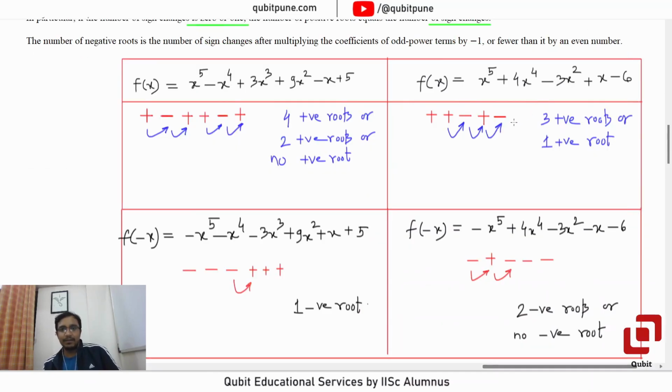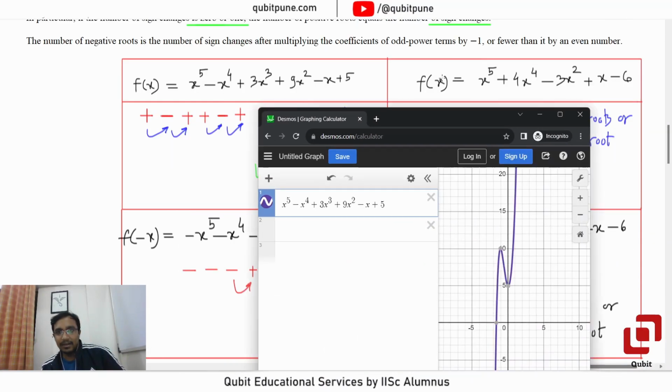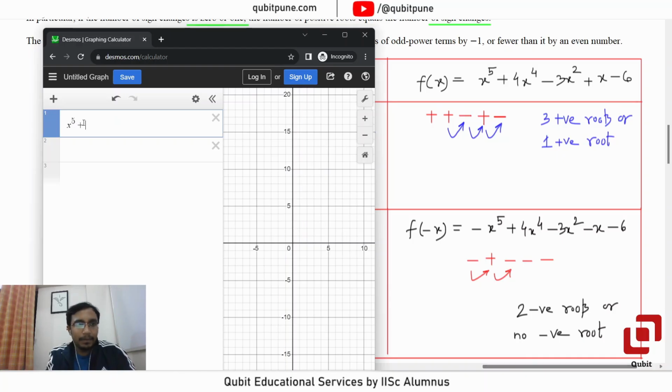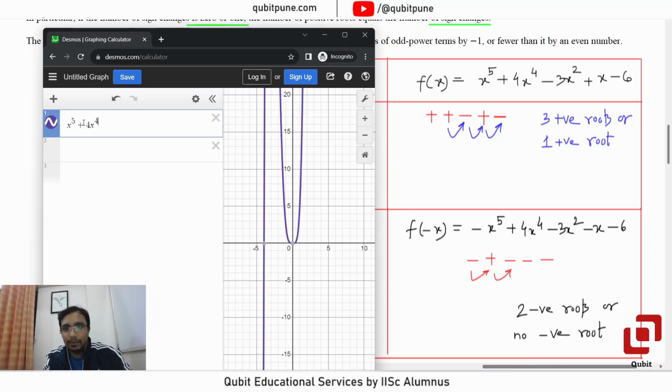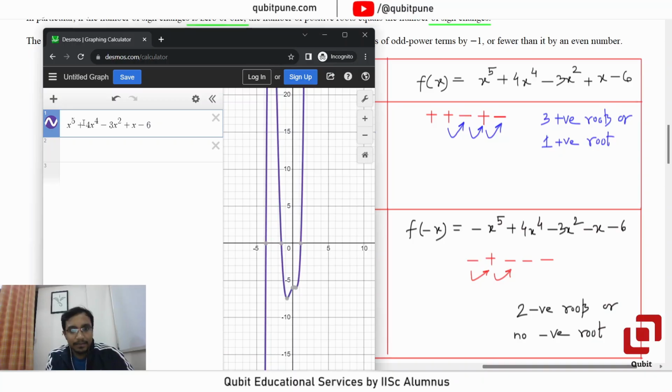Is it consistent with our conclusions from Descartes' rule? Yes. No positive root, one negative root. Okay, fine. So we are consistent with that. Next, let's go to the second polynomial here, which is x raised to 5 plus 4x raised to 4 minus 3x squared plus x minus 6.